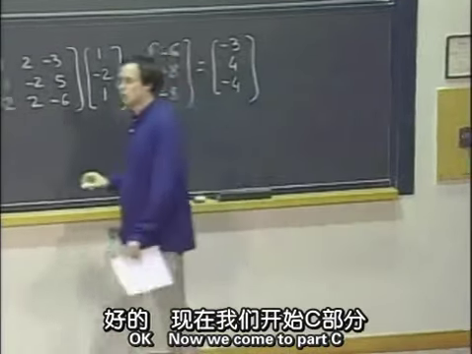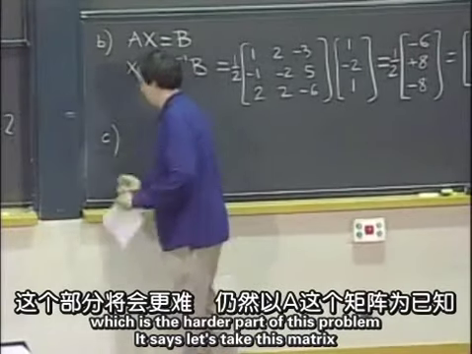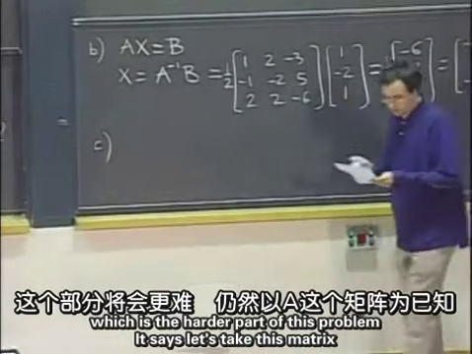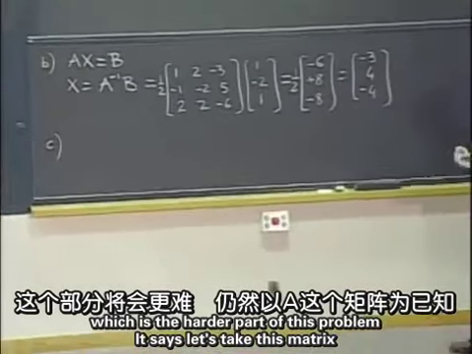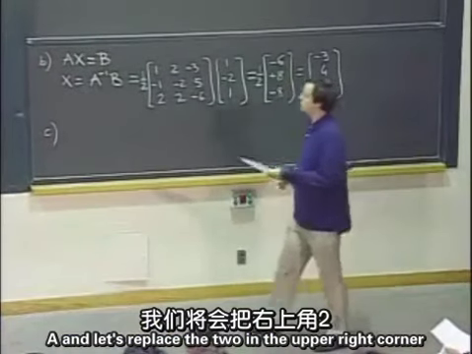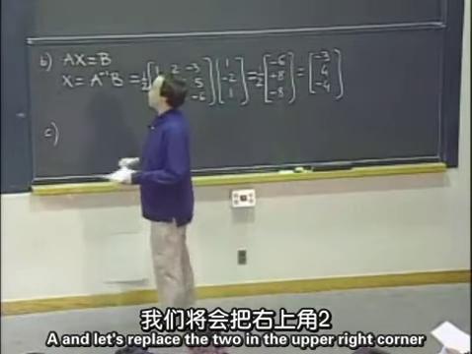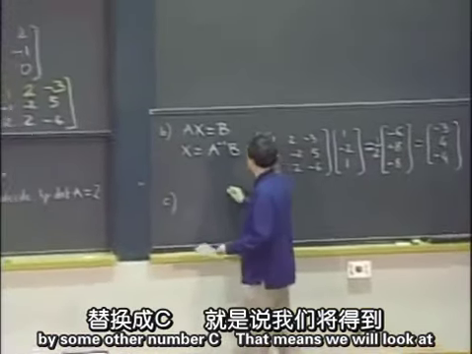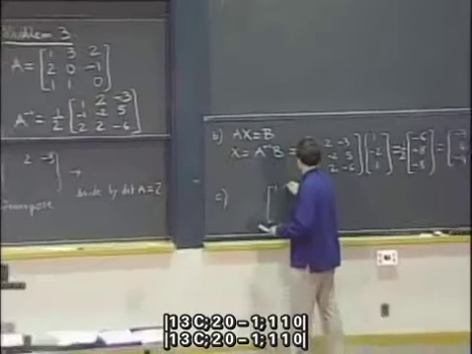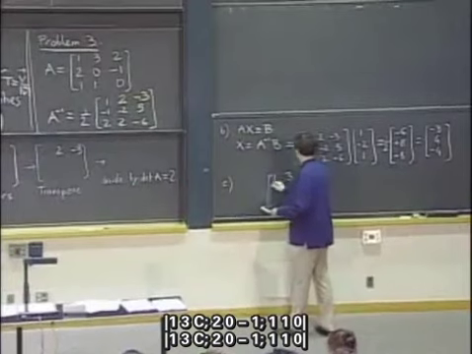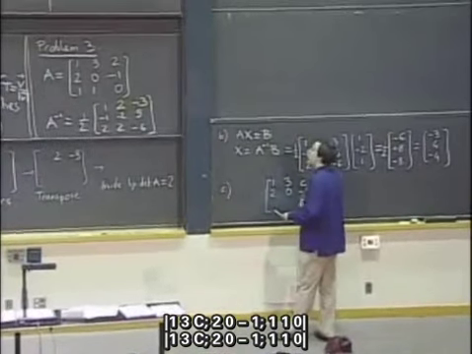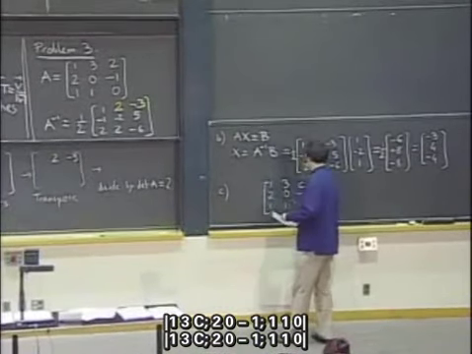Okay, so now we come to part C, which is the harder part of this problem. It says, let's take this matrix A, and let's replace the 2 in the upper right corner by some other number C. So that means we'll look at 1, 3, C, 2, 0, minus 1, 1, 1, 0.